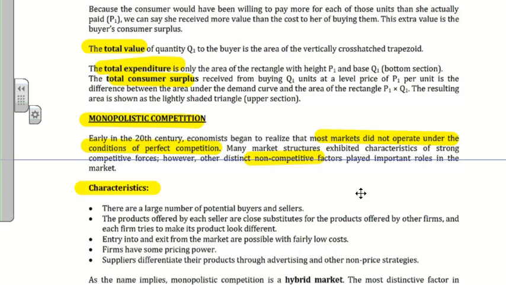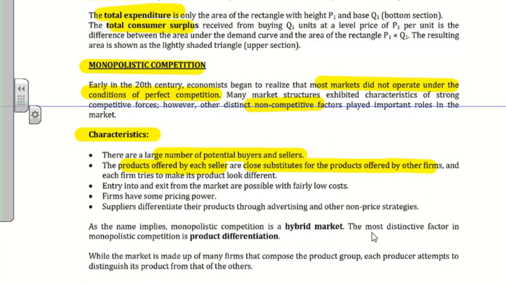What are some of the characteristics of monopolistic competition? A large number of potential buyers and sellers. The products offered by each seller are close substitutes for the products offered by other firms. Every firm is trying the best that they can to make their product look a little bit different.